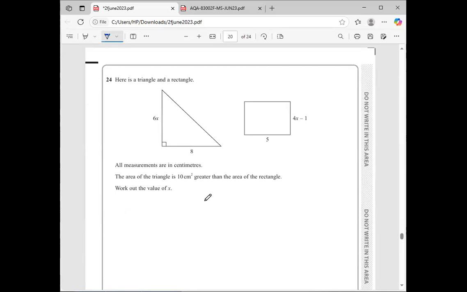Okay. So I hope this doesn't lead us to a simultaneous equation. Well, anyway, let's see.